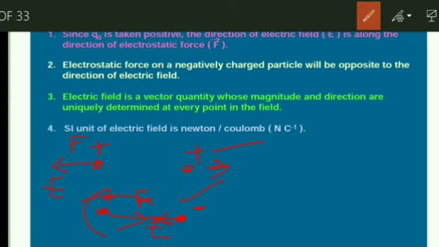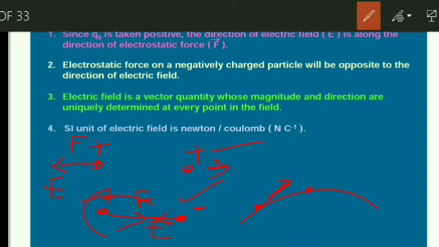Now third one is electric field is a vector quantity whose magnitude and direction are uniquely determined at every point in the field. So friends, if this is the electric field or simply field, then electric field at any point can be given as tangent to that point.